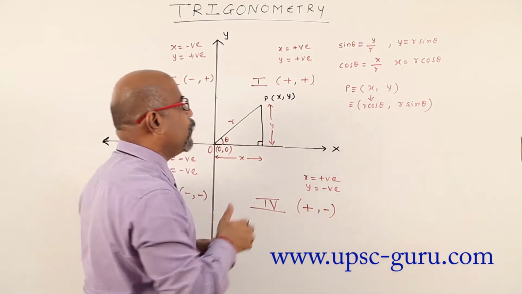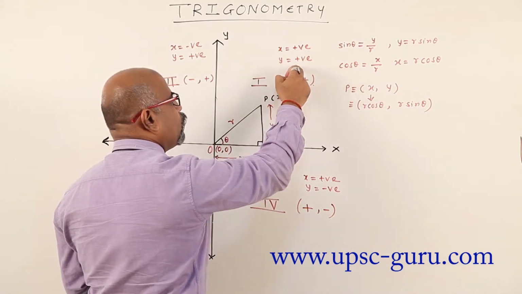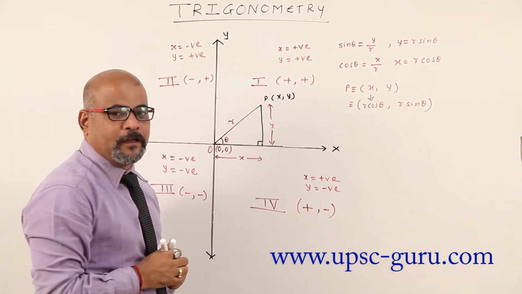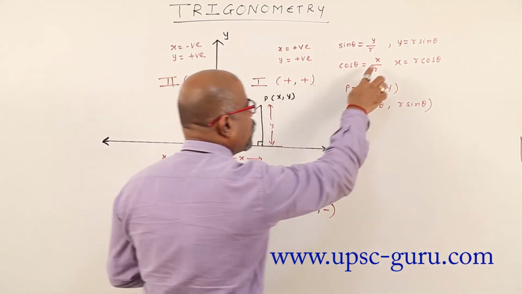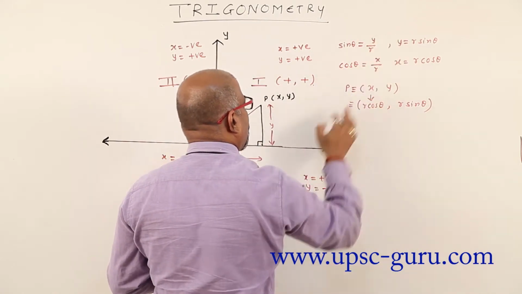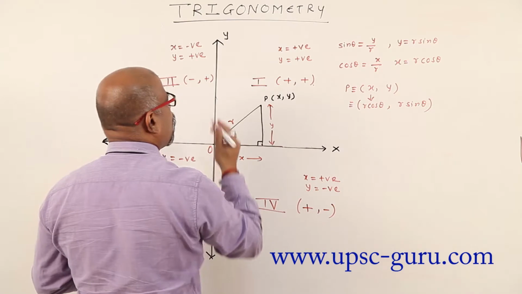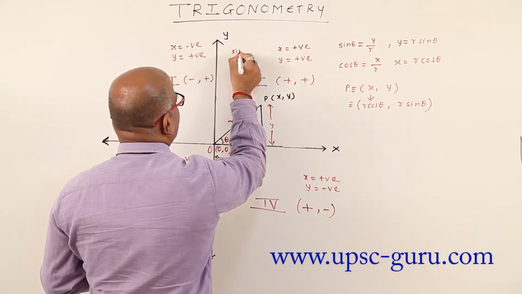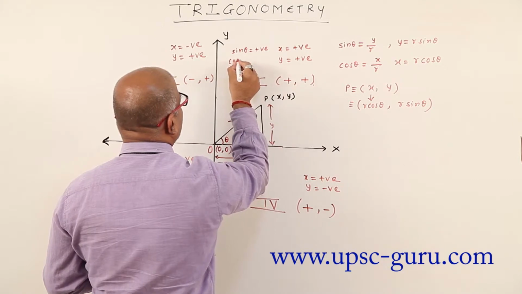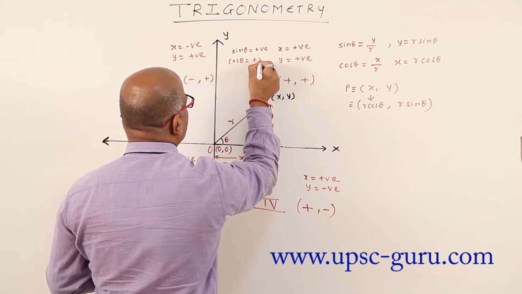Now we know that in the first quadrant x is positive and y also positive, and here r is a distance, therefore r is always positive. Since x is positive and y is positive, r also positive, in the first quadrant sin theta and cos theta are all positive.